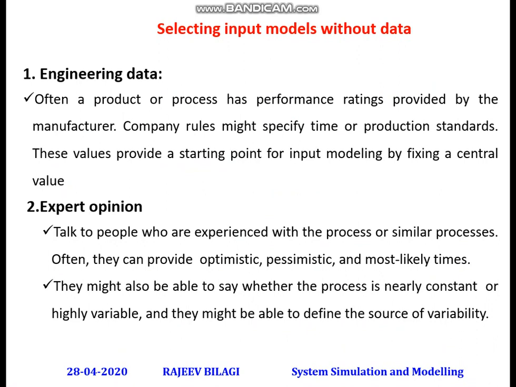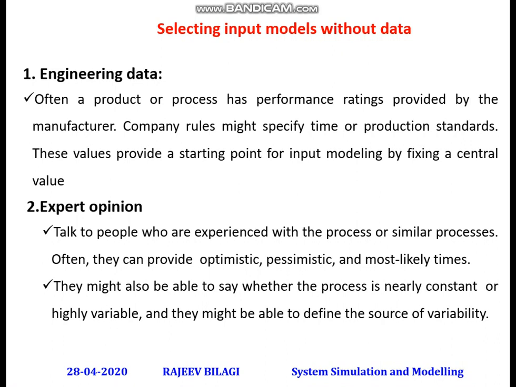This holds good in many cases, where you talk to people who are more experienced with the process or similar kinds of processes. Normally, they will give most likely, pessimistic and optimistic answers. This is how you collect the data using experts' opinions.